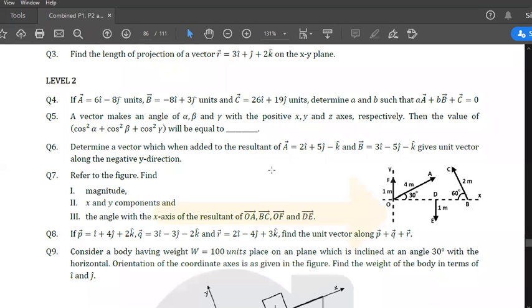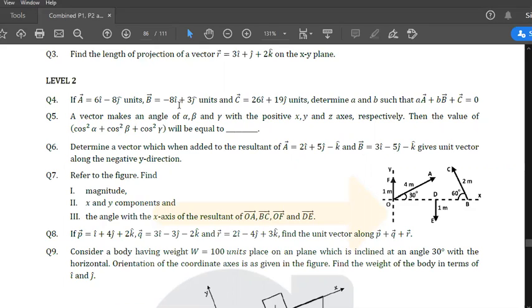I'm just giving you time to solve. Question number 4. Easy because, you guys can hear me?